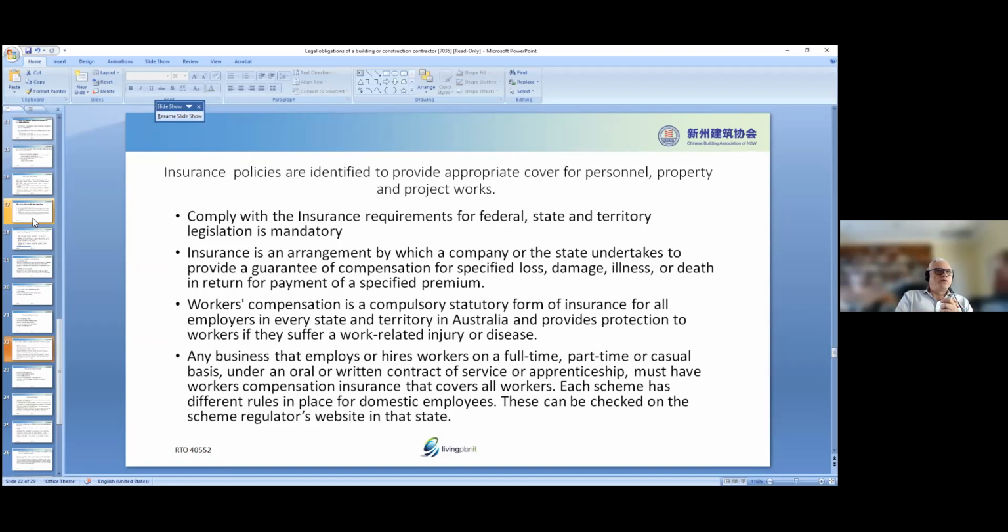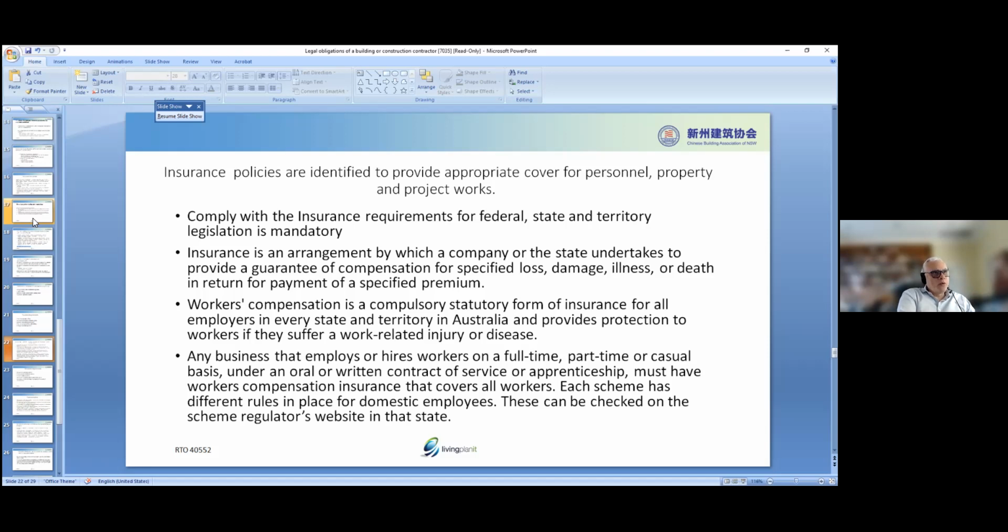If the painter is working for XYZ Painting, who is his employer, and I as the builder have a contract with XYZ Painting to do my project, and his employer doesn't have workers' compensation insurance, then he will be in big trouble, of course. He will be financially in big trouble.